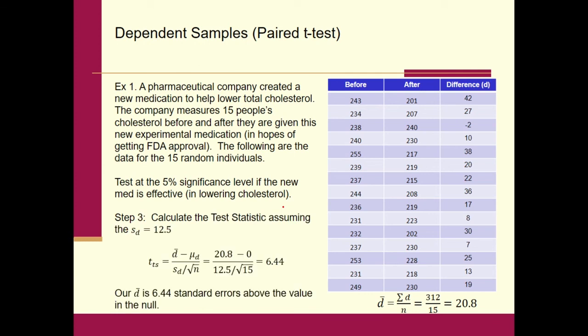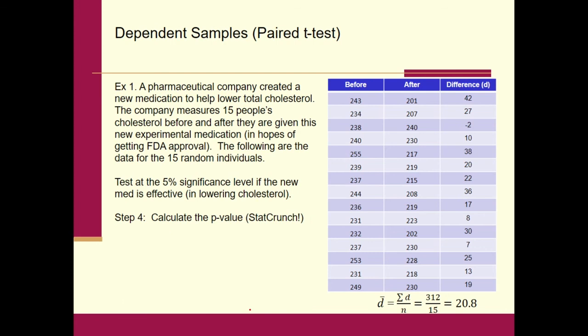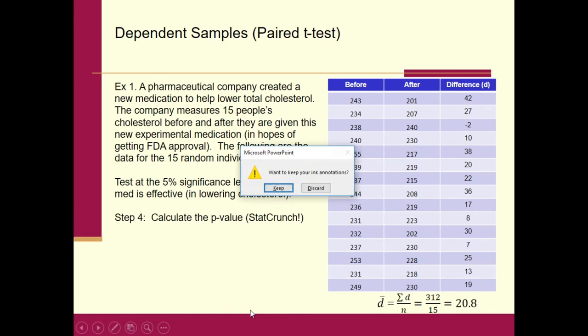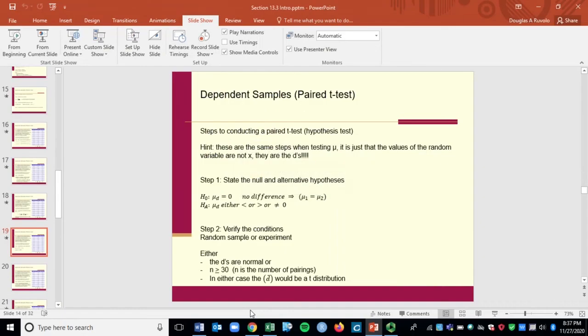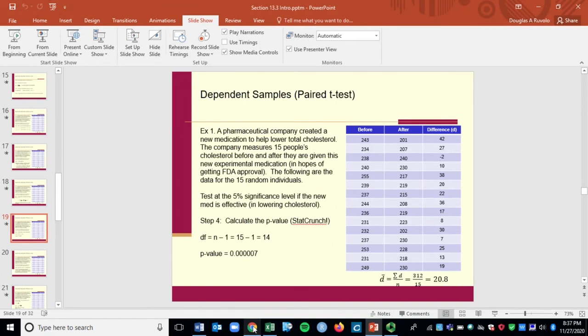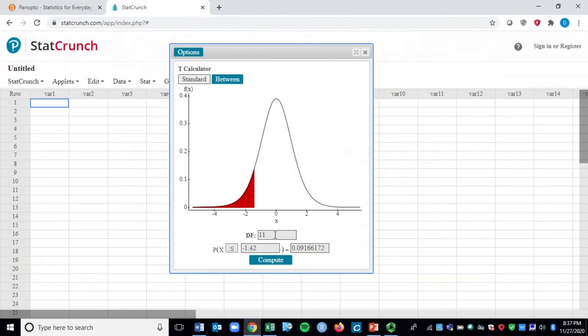And so let's see, we have 6.44 and 14 degrees of freedom, right? All right, so let's get into StatCrunch.